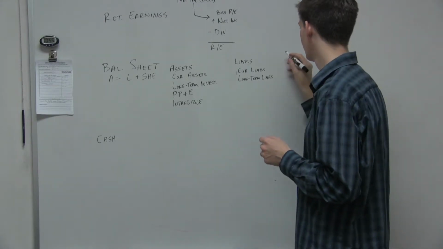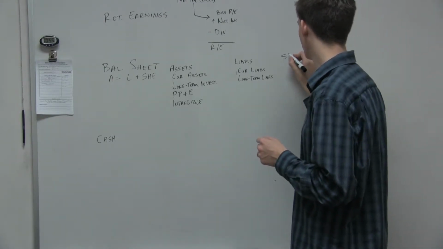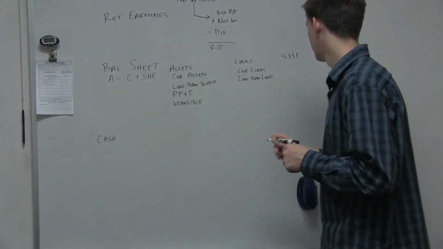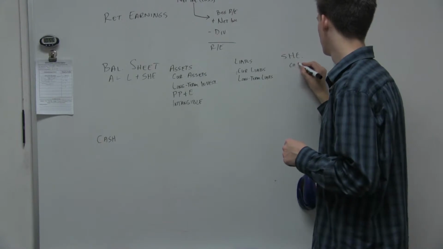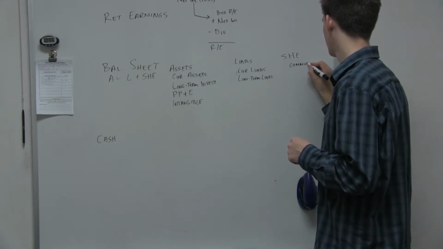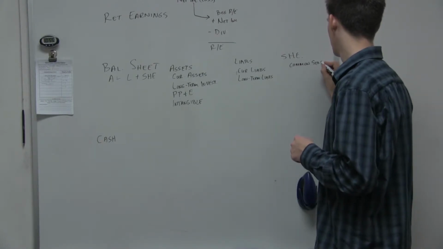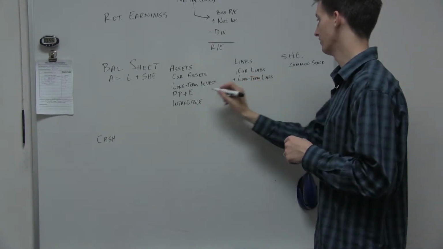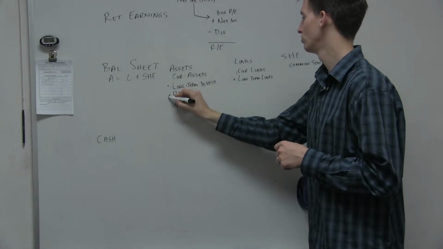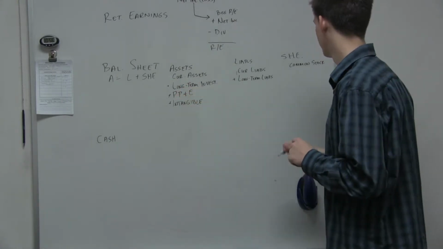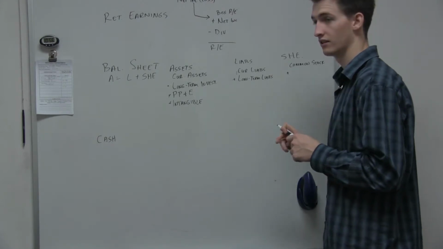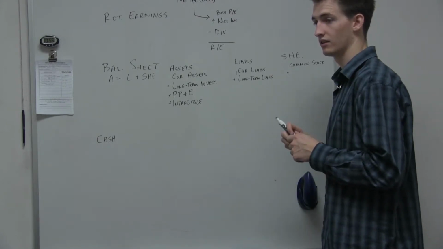That's it, yeah. Okay, and then stockholders' equity. So there's common stock. We're just going to add these together, right? Would preferred dividends be there, or would it just be retained earnings?